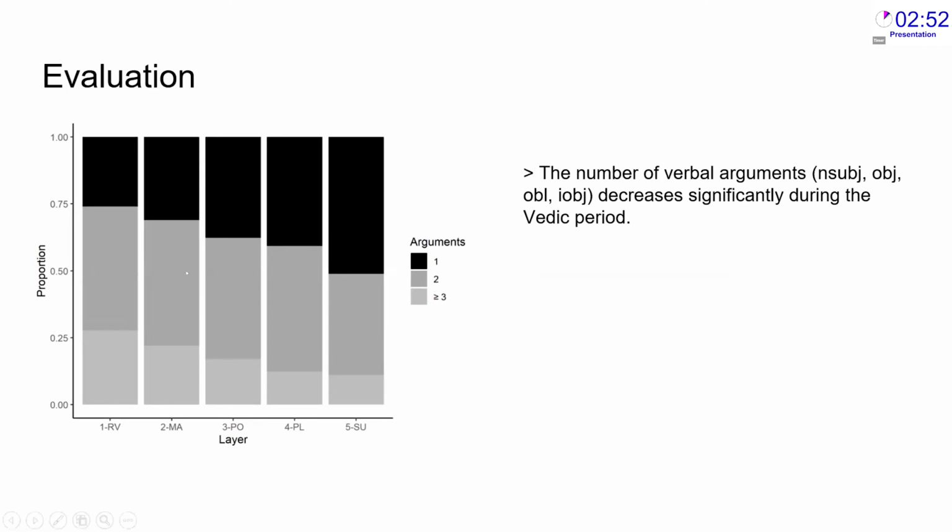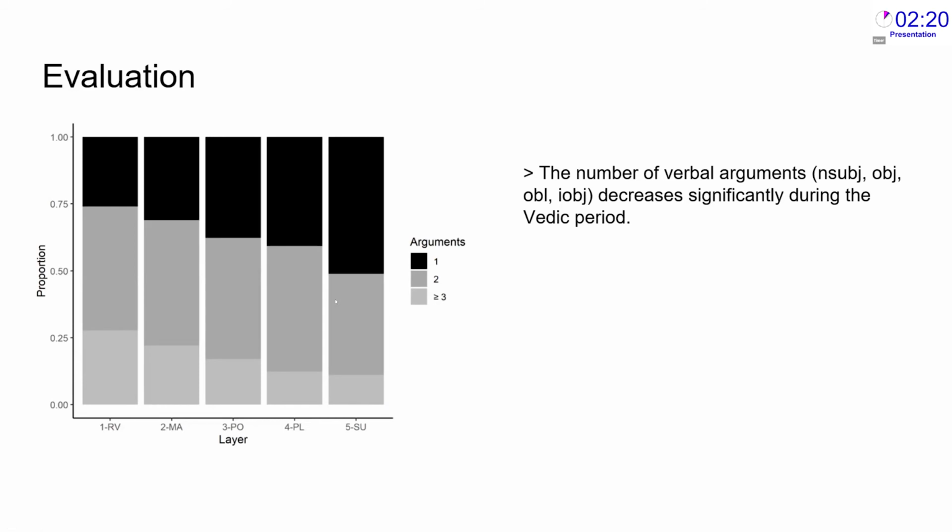As you can see here, Vedic verbs seem to lose arguments over time. So black are verbs with only one argument, dark gray with 2 arguments, and light gray with 3 and more arguments. For instance, you see here in the Rig Veda, almost more than 25% of all verbs have 3 and more arguments, while less than 10% of all verbs in the Sutra language have 3 or more arguments.